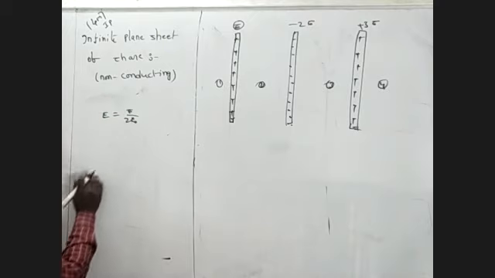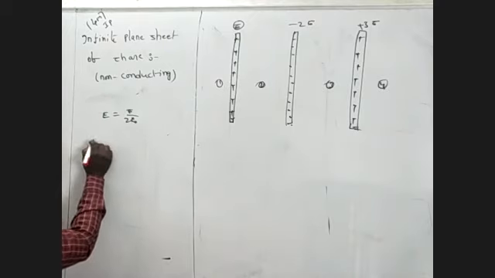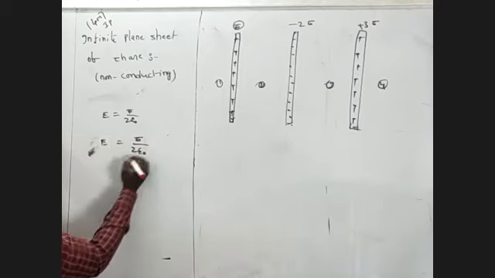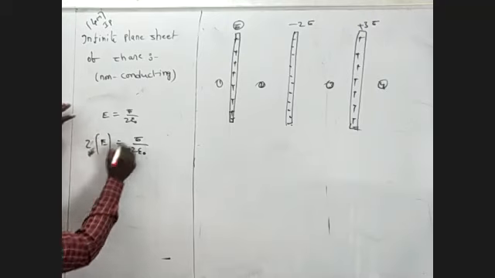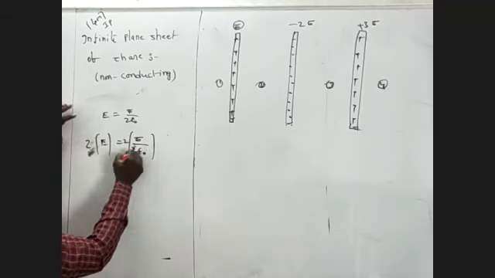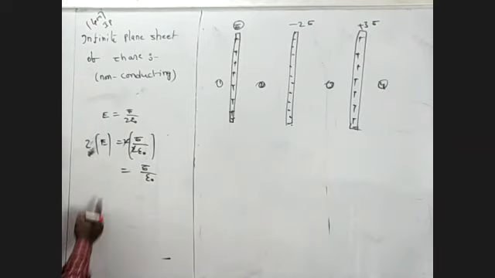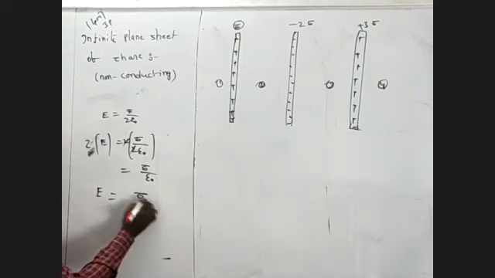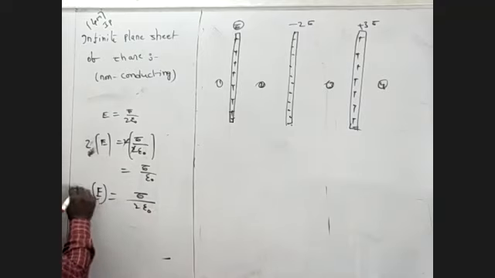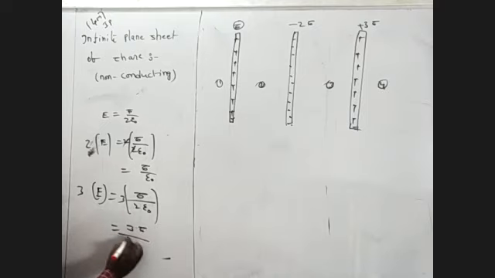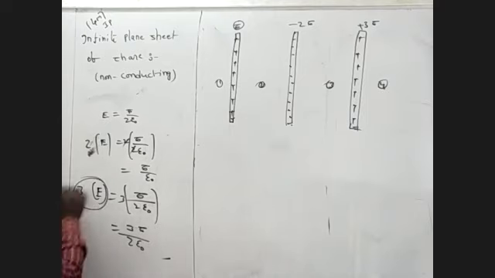For 2 sigma, E is 2 sigma by 2 epsilon naught, so the 2 cancels and we get sigma by epsilon naught, which is 2E. Next, for 3 sigma, multiplying both sides of the equation by 3, we get 3 sigma by 2 epsilon naught, which is 3E. So we have E, 2E and 3E.